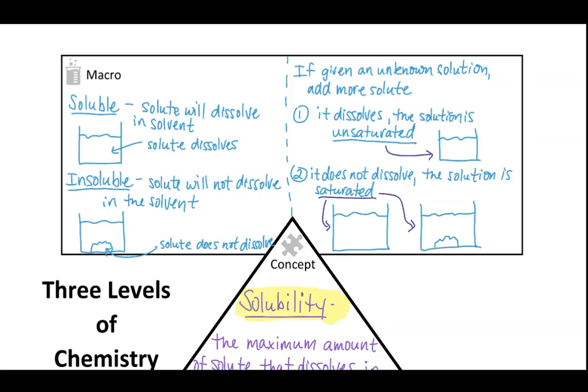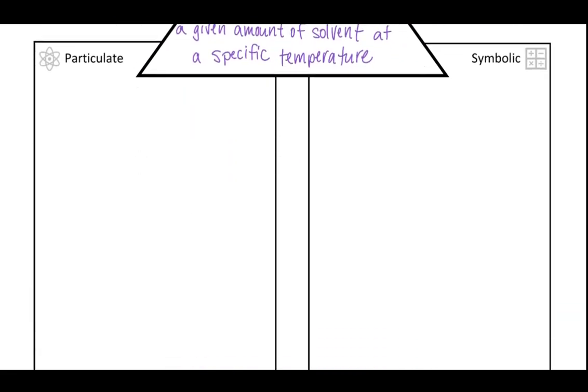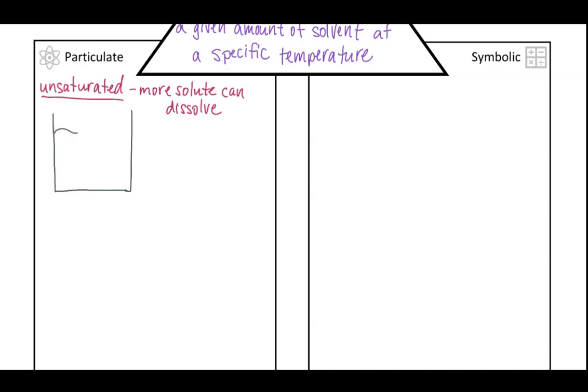Let's take a look at these at the particulate level. In this box, we'll go ahead and define saturated and unsaturated, starting with unsaturated. Here, we're going to say more solute can dissolve. I'm going to draw my nice little beaker, with a liquid solvent and our liquid level.